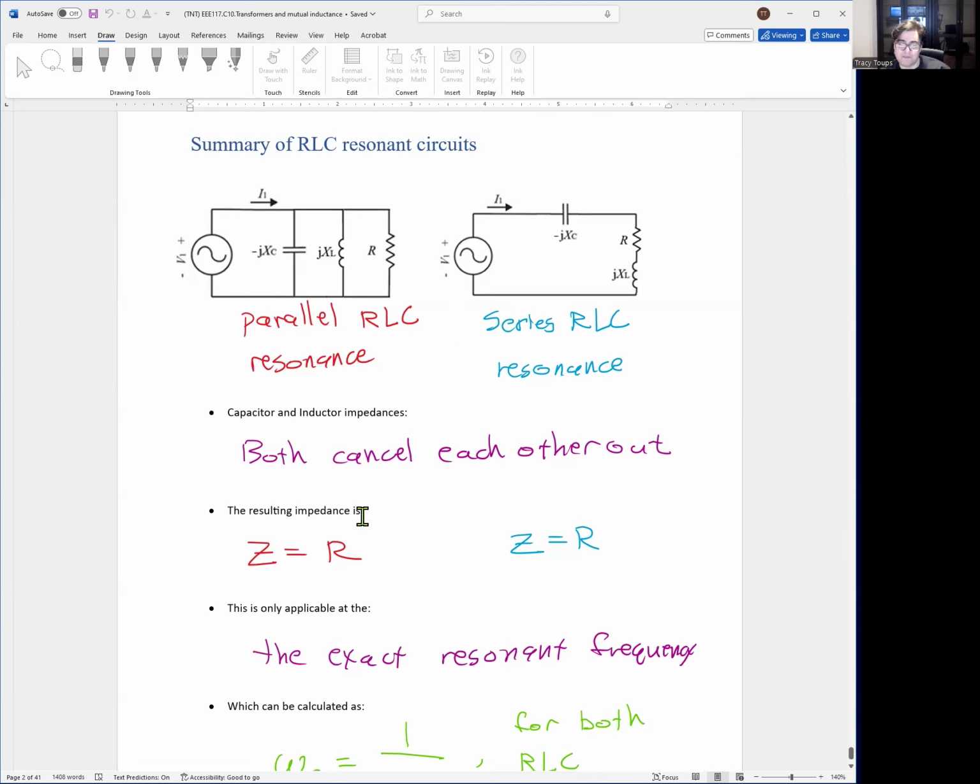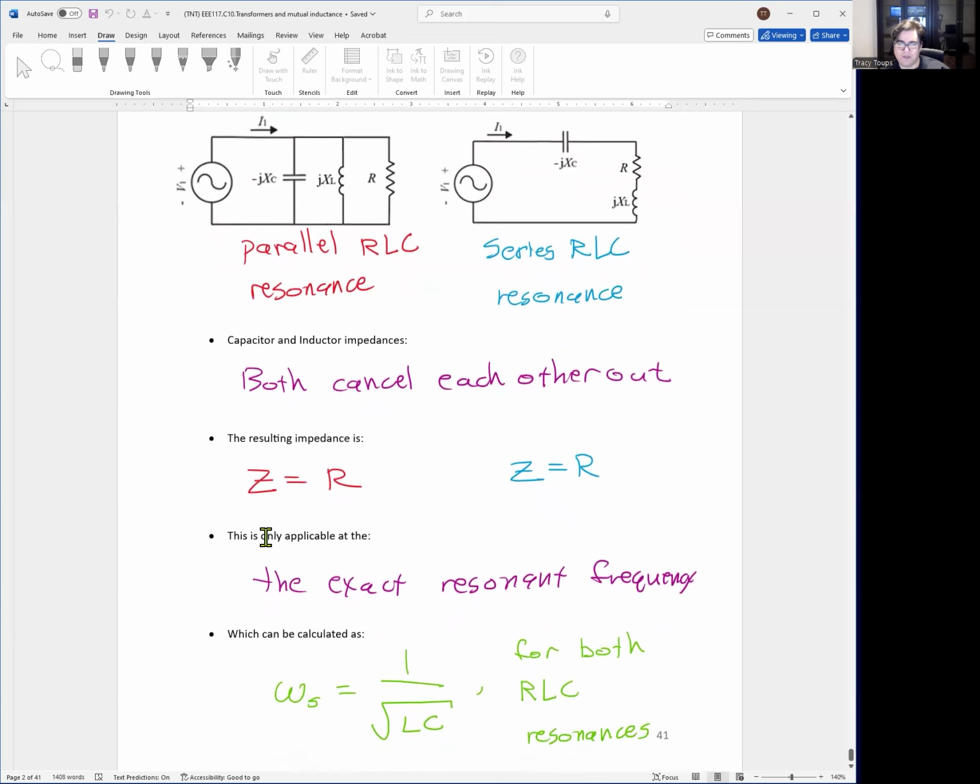The resulting impedance of the parallel RLC resonance is just Z equals R, just a resistor. For a series RLC resonance, the impedance of the total circuit is also just R, because the L and C canceled out. Now, remember, this is only applicable to the exact resonant frequency we design.